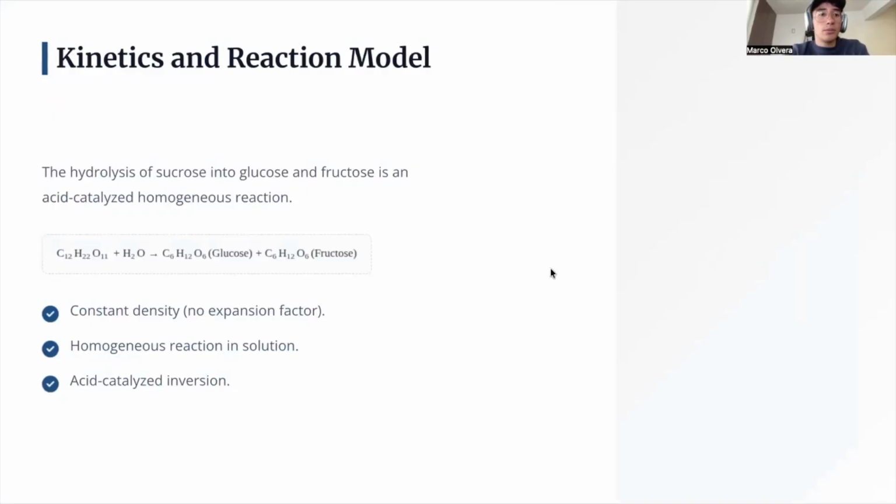First of all, we need to talk about kinetics and the reaction model. Sucrose with water produces glucose and fructose. In this model, we took into account three considerations: we work with constant density, which means we don't work with the expansion factor; a homogeneous reaction in solution, so we don't take into account any heterogeneous catalysts.